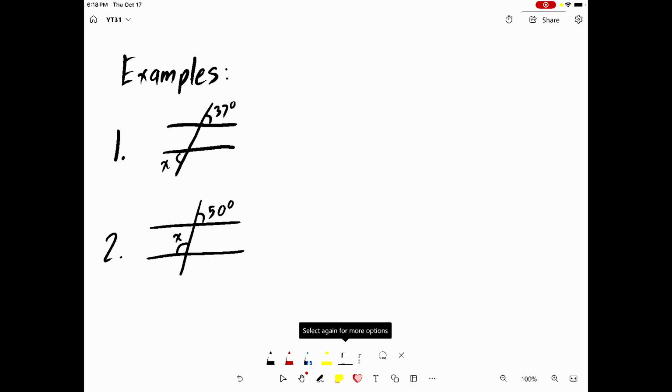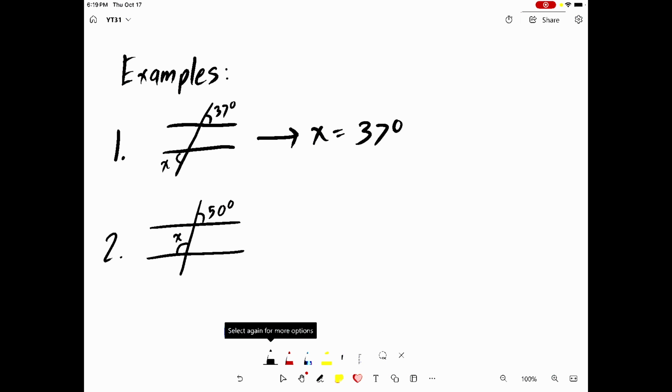So that could be a sign that we could use the alternate exterior angle theorem. But we have to check to make sure it's on opposite sides. This is on the right side and the x is on the left side. So that is correct. We could use the alternate exterior angle theorem to conclude that x is equal to 37 degrees. Because the alternate exterior angles, corresponding angles, alternate interior angles, and opposite angles are all the exact same.